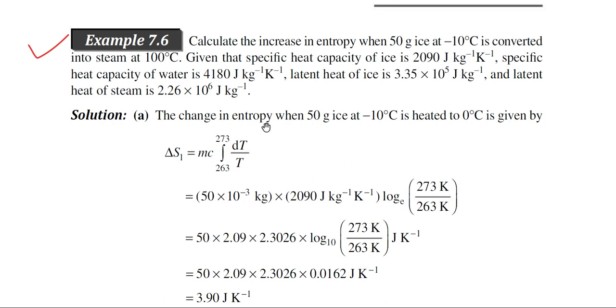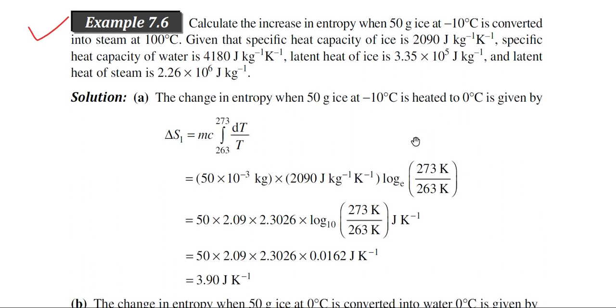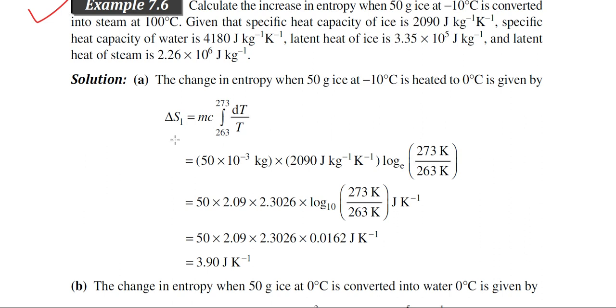So the change in entropy when 50 gram of ice at minus 10 degree centigrade is heated to 0 degree centigrade: if you assume the process to be reversible, then the change of entropy is given by the formula mc ln T2 by T1, or we can also show it by the integration, mc integral from 263, the initial temperature, to 273, the final temperature, of dT by T, but ultimately it will come to mc ln T2 by T1.